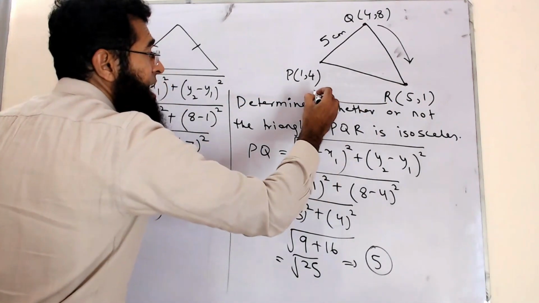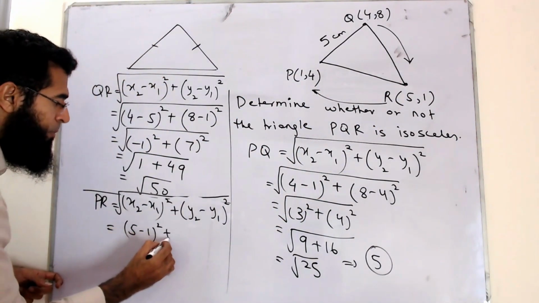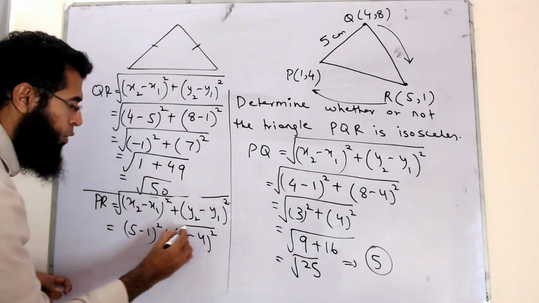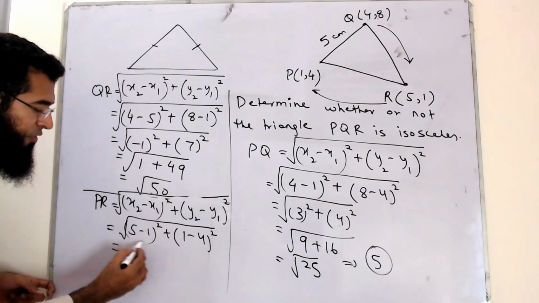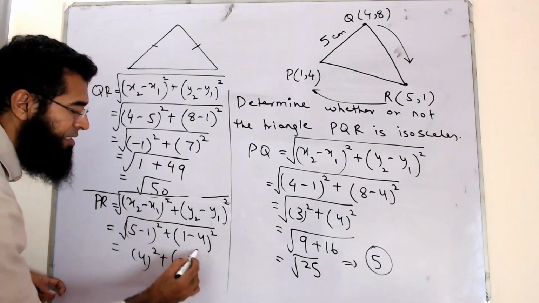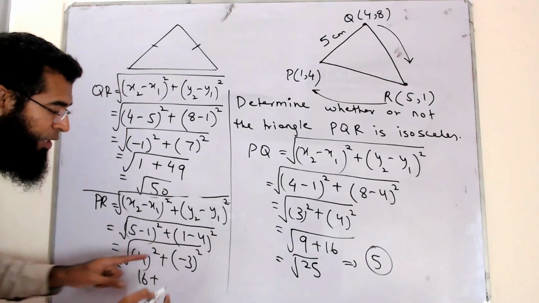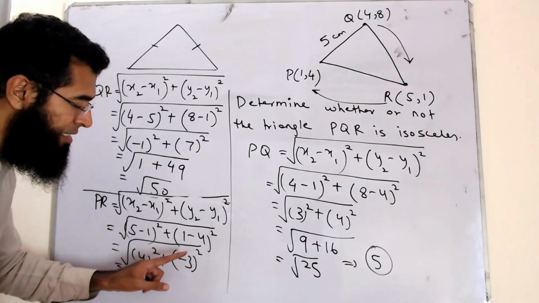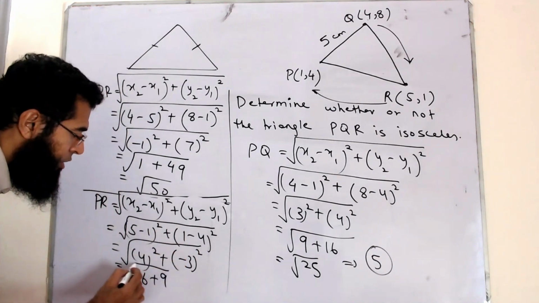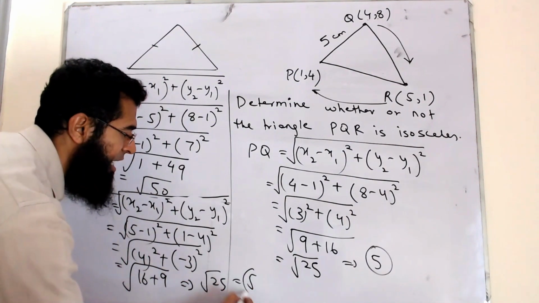So this is 5 minus 1 is 4 square plus 1 minus 4 is minus 3 square whole under root. So 4 square is 16 plus minus 3 square is positive, 3 square is 9. So this comes out to be square root of 25, which is again 5.